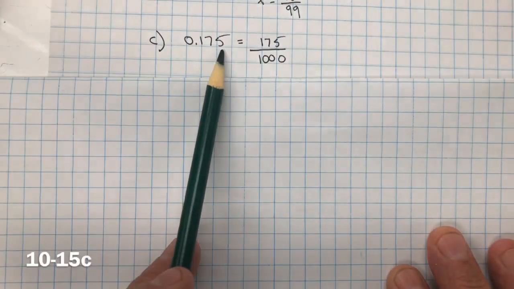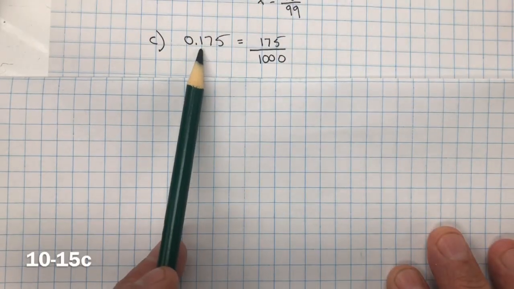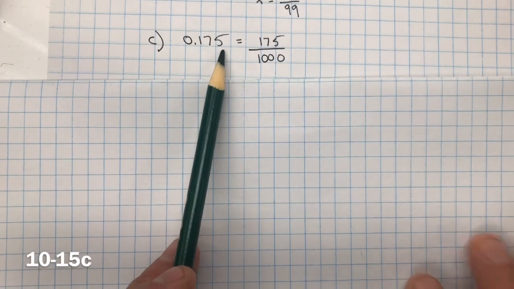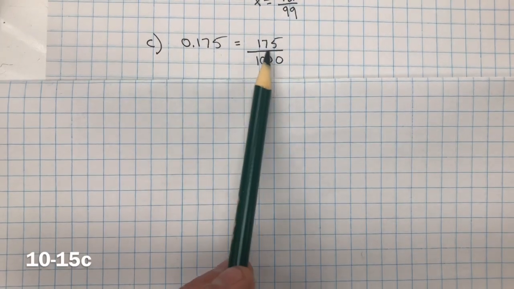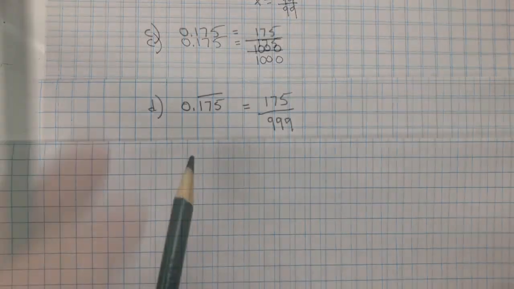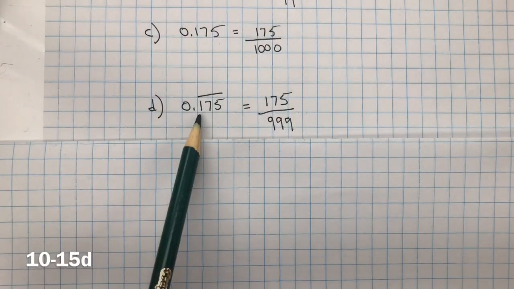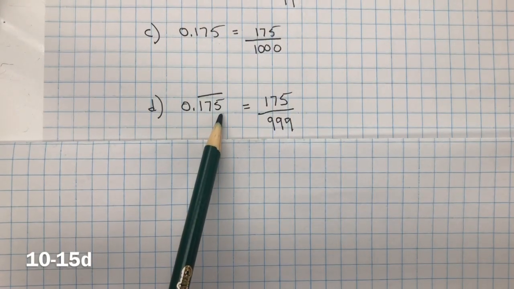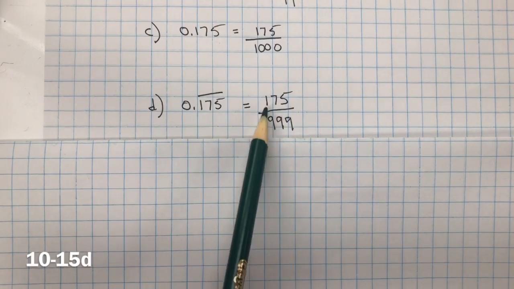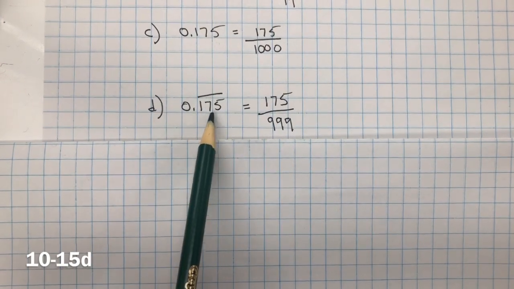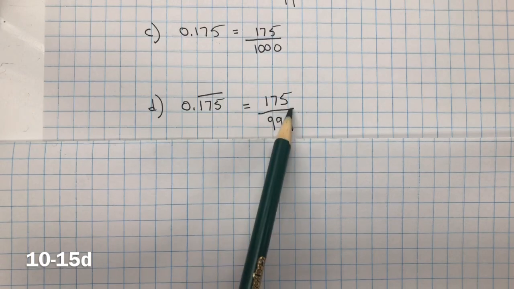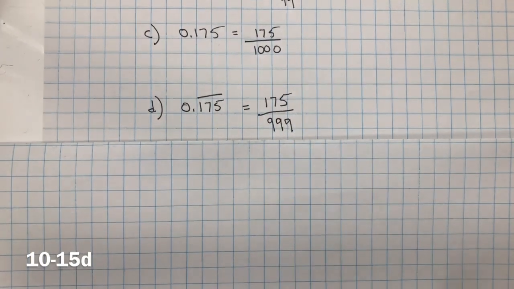Here we have 175 thousandths: tenths, hundredths, thousandths. So for D, it's 175 thousandths. So the rule is 1, 2, 3 place values, 175, 1, 2, 3 9s.